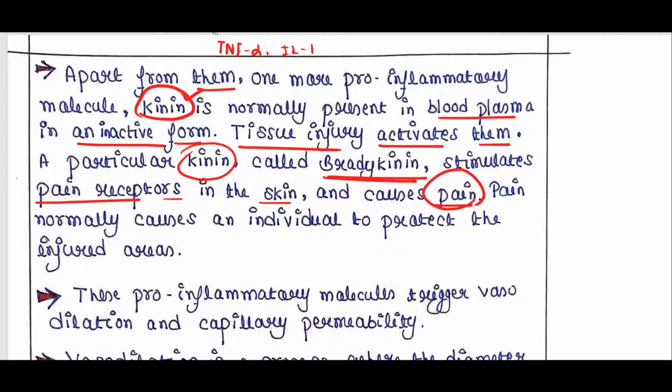That's why after a tissue injury, we feel some pain, because bradykinins are substances that can cause pain. In general, bradykinin is found in our blood in the inactivated form, but when an infection occurs, it gets activated and then causes pain.